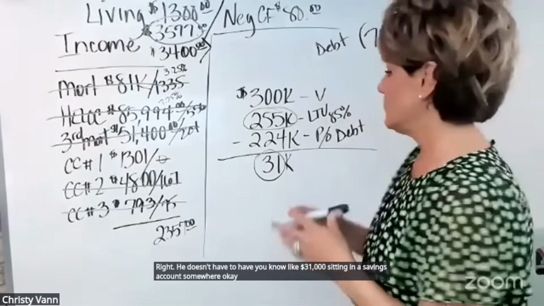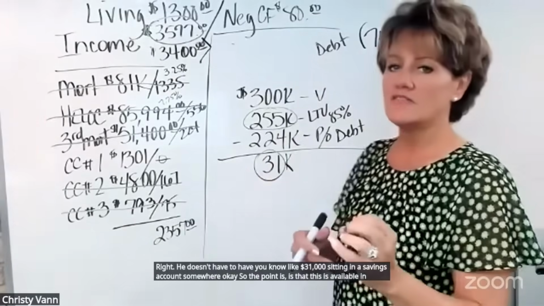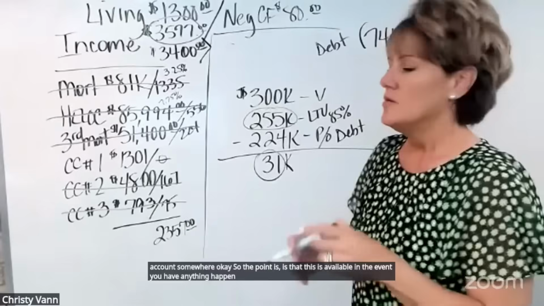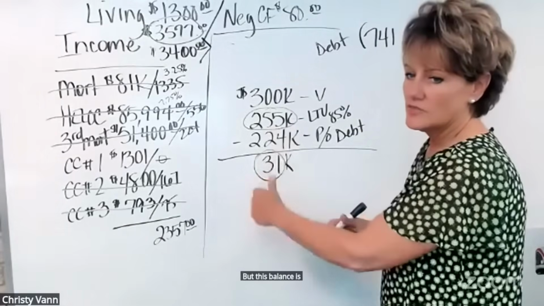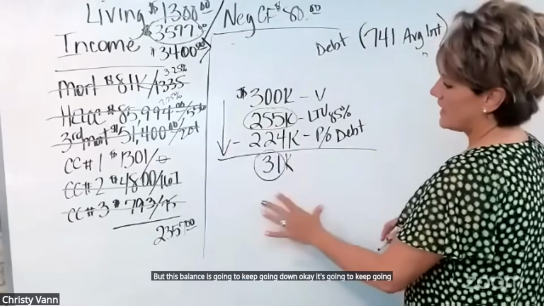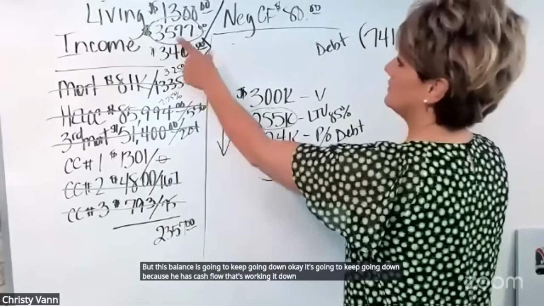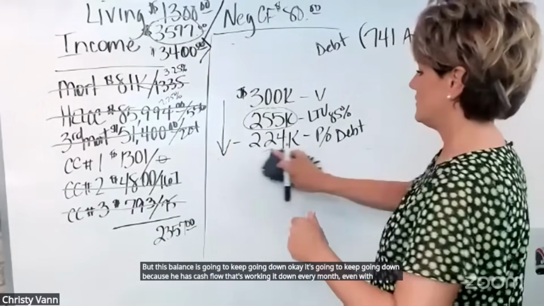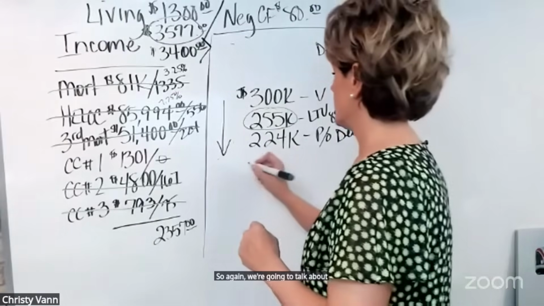Okay, so the point is that this is available in the event you have anything happen, you need money. But this balance is going to keep going down, okay? It's going to keep going down because he has cash flow that's working it down every month, even with the 3577.